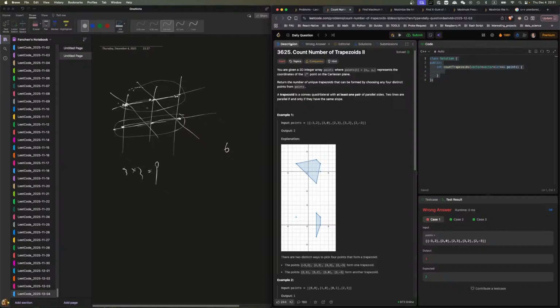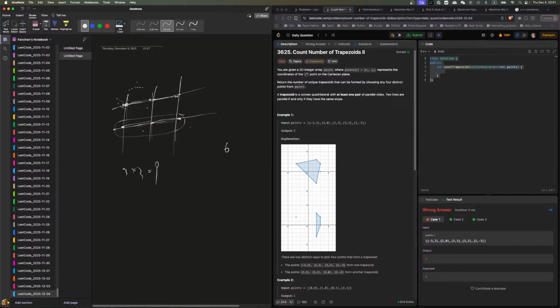So given, we can find, oh, holy crap. So given 2 sets of parallels, right? This is a different set of parallels. Given 2 sets of parallels, how many parallelograms can we find?